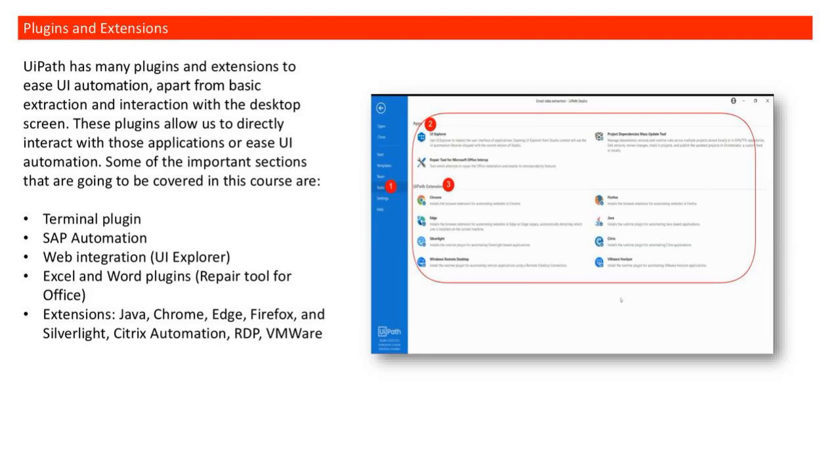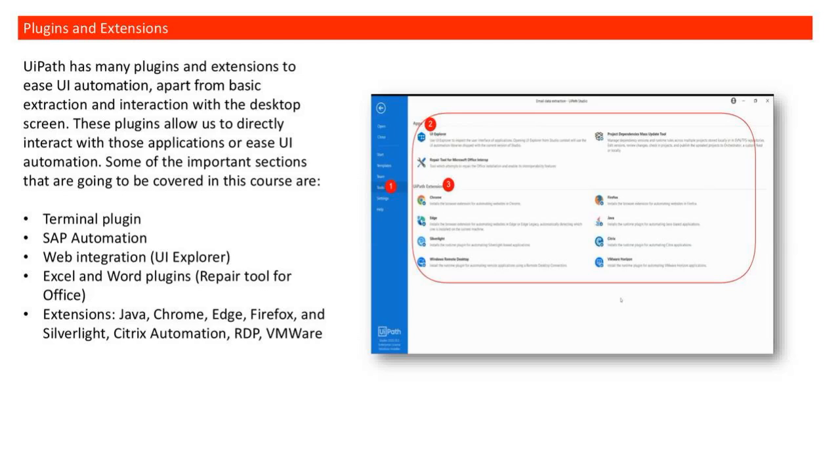The first thing I need to talk about here is that UiPath has provided a lot of plugins and extensions. When I say plugins and extensions, these are add-on tools available with UiPath Studio. UiPath has given terminal plugins so that you can automate things on a mainframe system. If your process interacts with a mainframe system and you want to automate that, you need a terminal plugin.